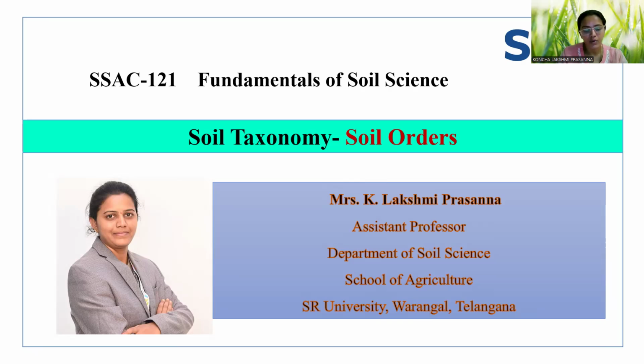At the highest level of soil classification, soil taxonomy places soils into 12 categories known as the soil orders. Each of these categories represents a grouping of soils with distinctive characteristics and ecological significance.